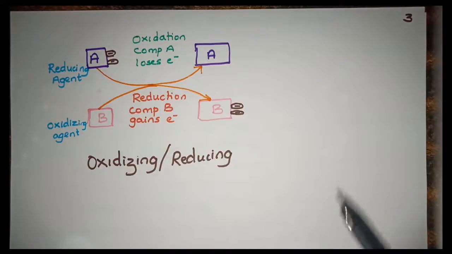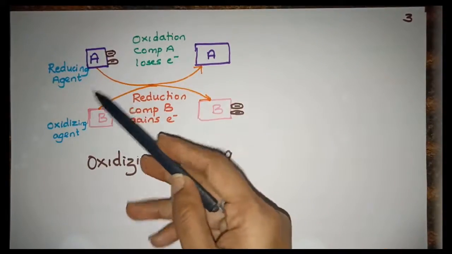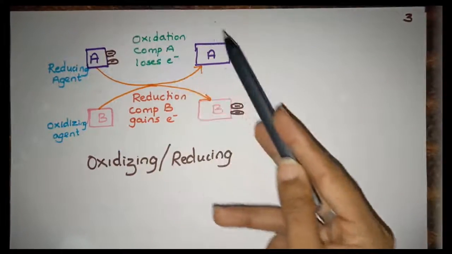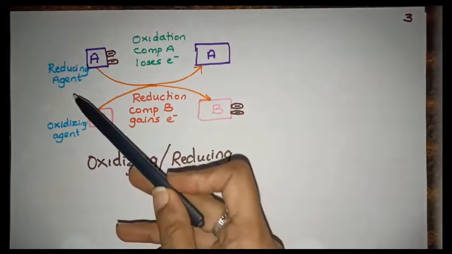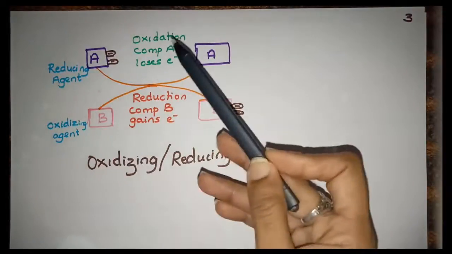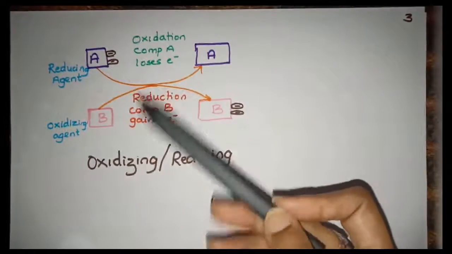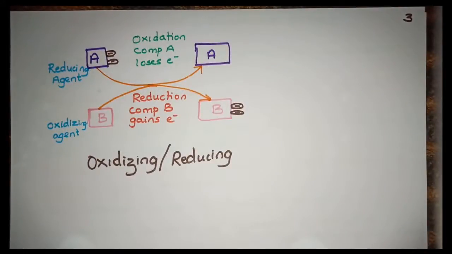And for all these things, you need to know which one would be a better reducing agent, which one would be a good oxidizing agent, and what the conditions are for the oxidizing agent or the reducing agent to be a very good one. Okay, so that is what we mean by oxidizing and reducing agent.